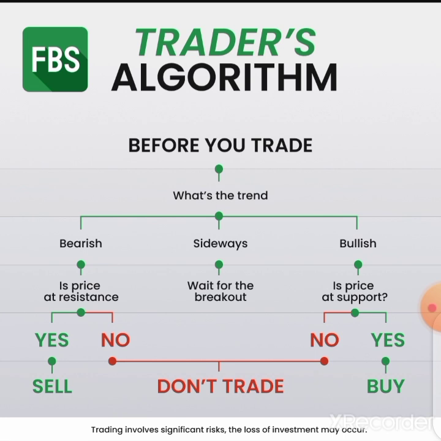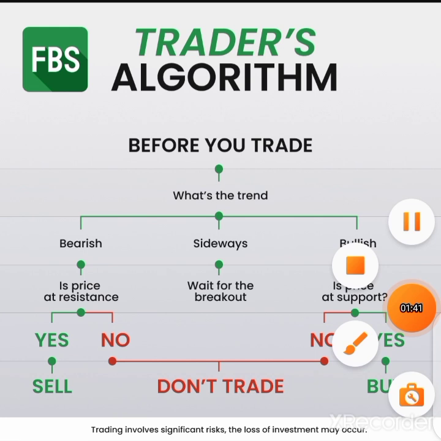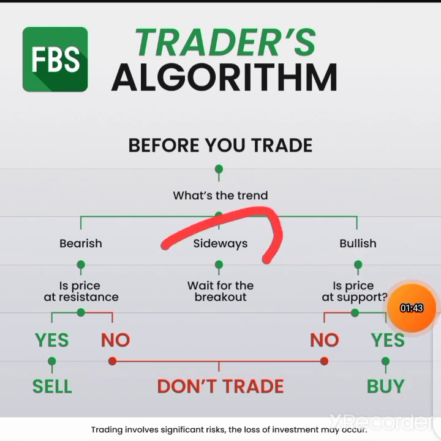Then if it is sideways, what do we do? If it is sideways, that means it's consolidating. You wait. You don't do anything. You wait for a breakout. Are we waiting for a breakout to the upside, or a breakout to the downside? In such a situation, you have to be very, very technical.